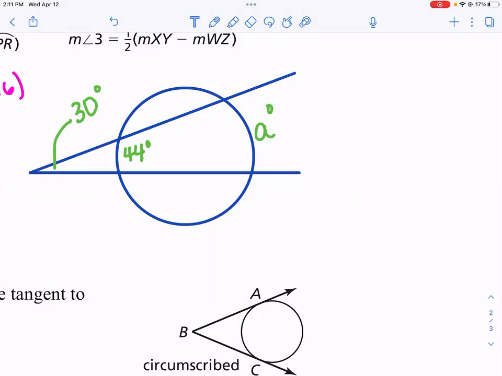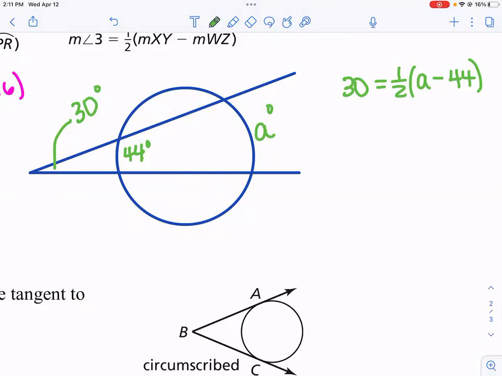Just wait. The formula: our angle 30 is 1/2 of the outer arc minus the inner arc. Do you agree? Yeah. Our angle is 1/2 of A minus 44. So what would be a good place to start solving this? I don't want to distribute the 1/2.